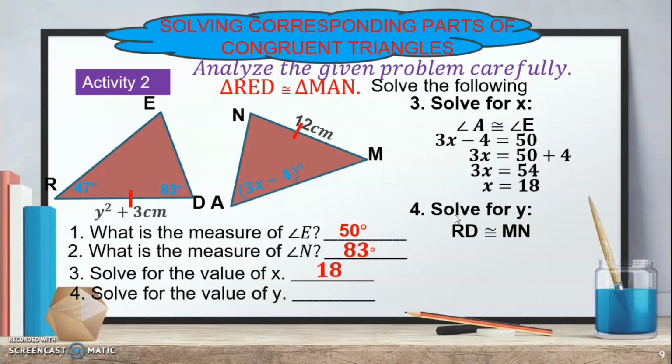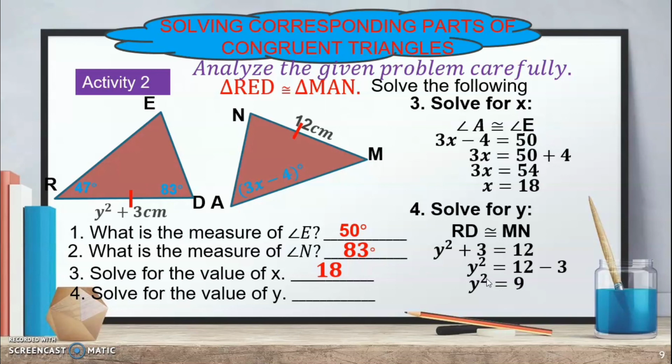Now, solve for y. Side RD congruent to side MN. So RD is y squared plus 3 centimeter, plus 3 is equal to 12. So transpose natin ang 3 sa kabila. y squared is equal to 12 minus 3. y squared is equal to 9.